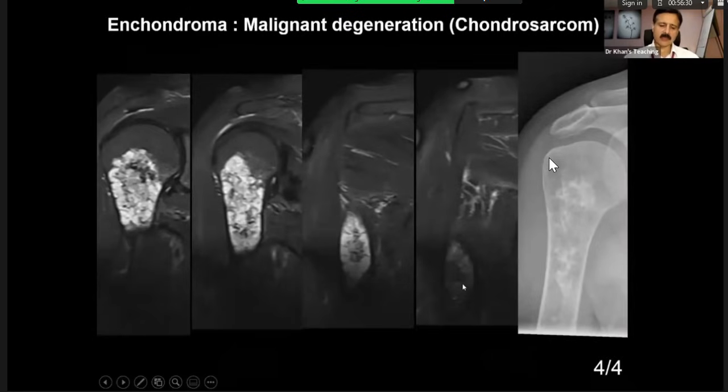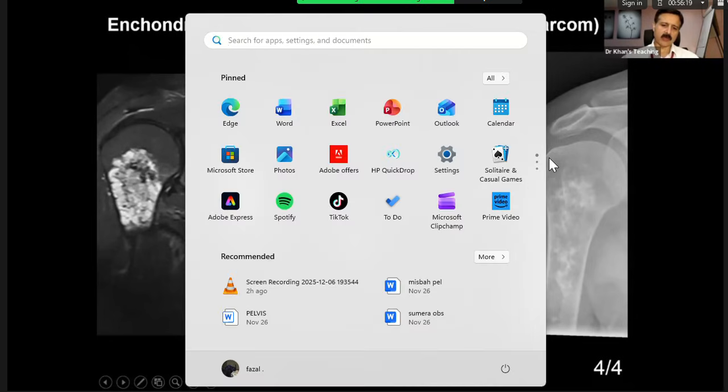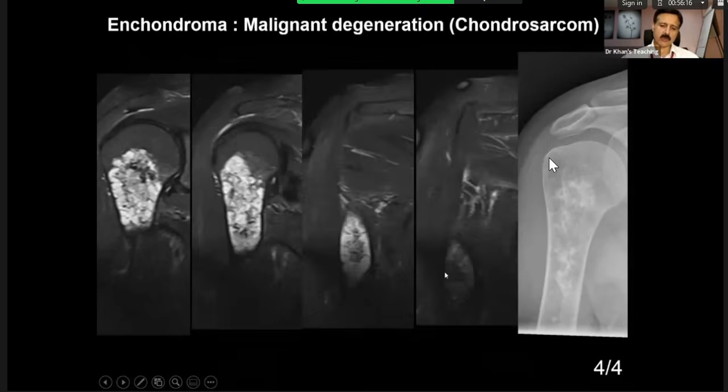This particular case, I don't have good sequences. So just to make the point that this is the classical chondroid matrix we were talking about, and this is that lucency. If I give you axial here, only then you will see it very well. So here one can raise the issue that there is malignant degeneration of chondroma to chondrosarcoma.